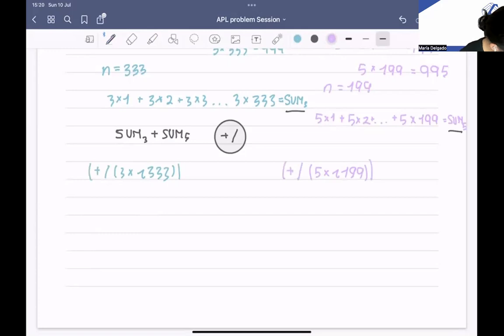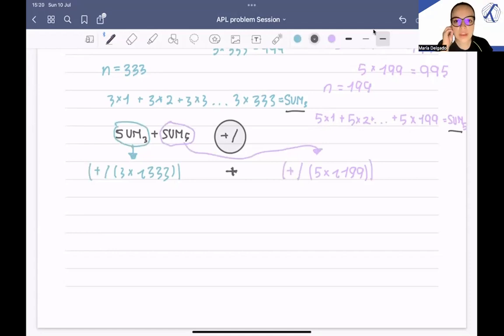And if we see here, this is actually the sum, and this sum. So what we need to do right now is just to sum this with the sum sign. So we need to take it out in our APL.